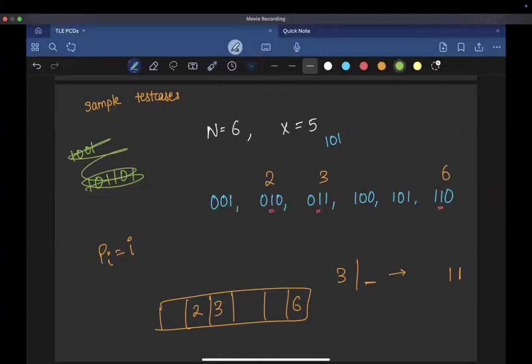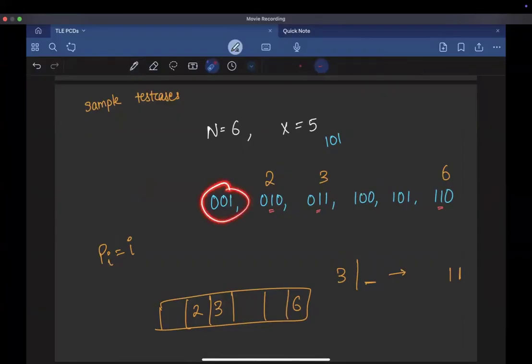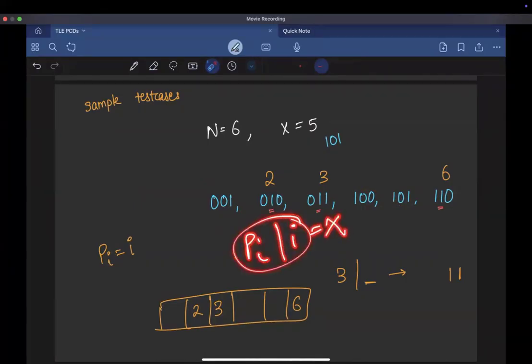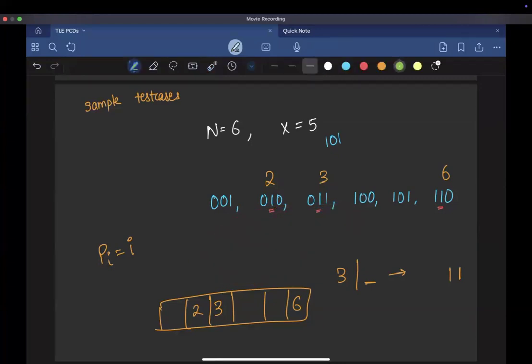Right. So right now we are only considering the numbers that are submasks of x. These numbers I wanted to combine in some way so that I maximize the number of pi OR I equal to x. So here I got one idea. There is one number 001 and there is another number 100.